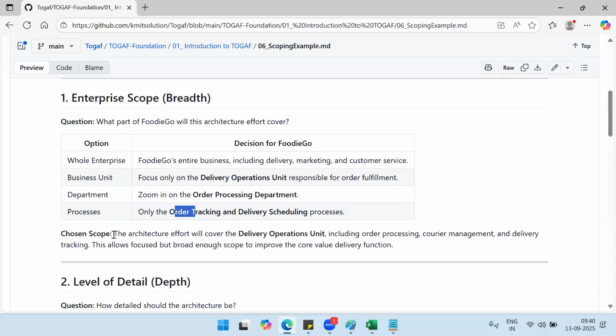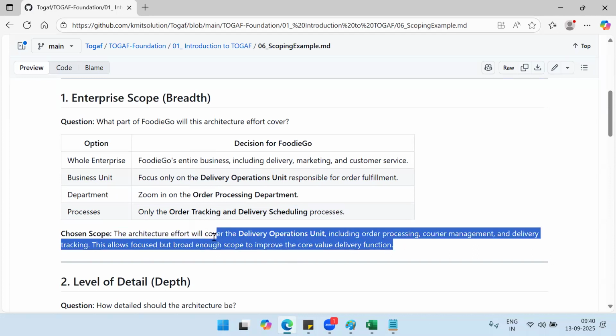So choosing the scope, the architecture effort will cover the delivery operation units, including order processing, courier management, and delivery tracking. This allows a focused but broad enough scope to improve the core value of the delivery function.